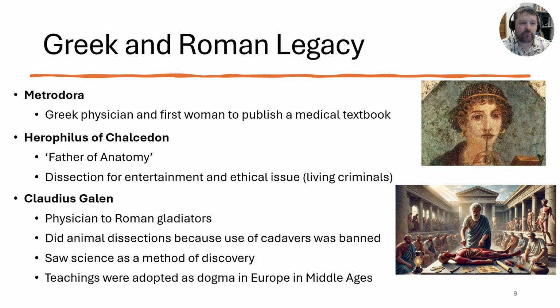So the idea was that he would use living criminals and do vivid dissections, live dissections of these individuals. And that's how he found out a lot of the systems that he was working on.